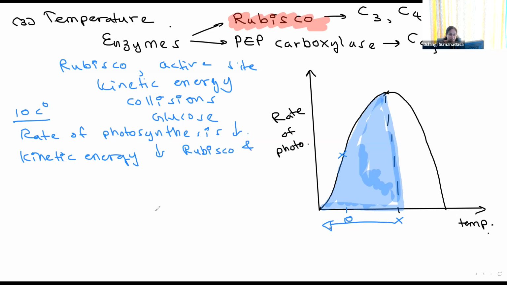Okay, you have mentioned substrates. Remember, the Rubisco substrates are RuBP and carbon dioxide. So when you mention kinetic energy, the RuBP and carbon dioxide don't have enough kinetic energy.